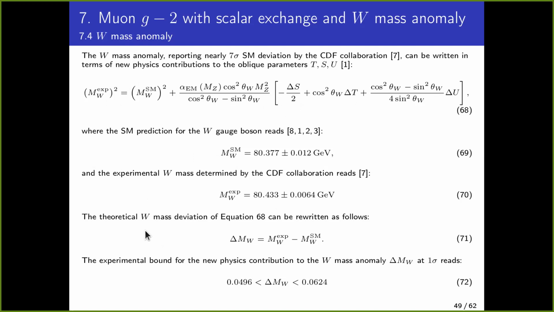So the theoretical W mass equation can be rewritten by subtracting the standard model effect from the experimental value, and we found that our new physics contribution should be located in this range at 1 sigma constraint.